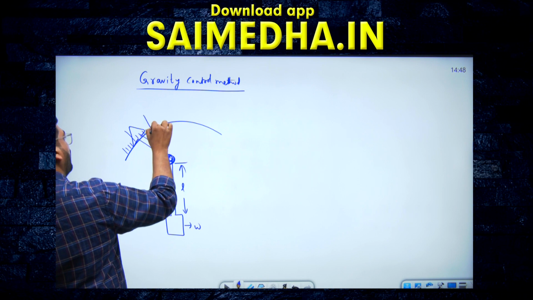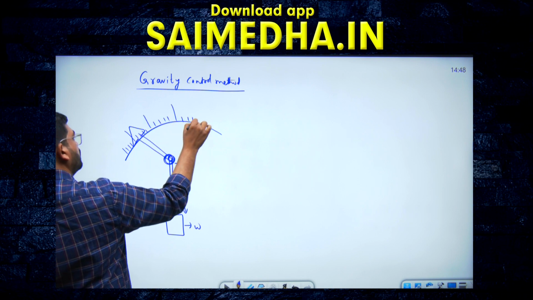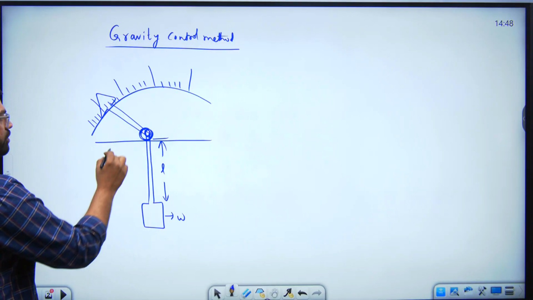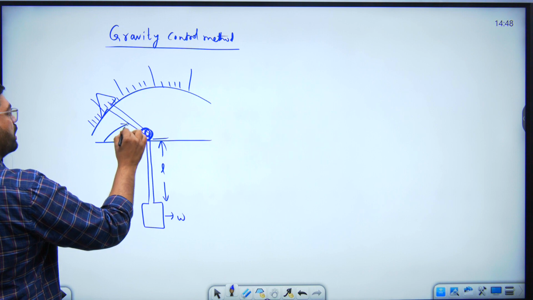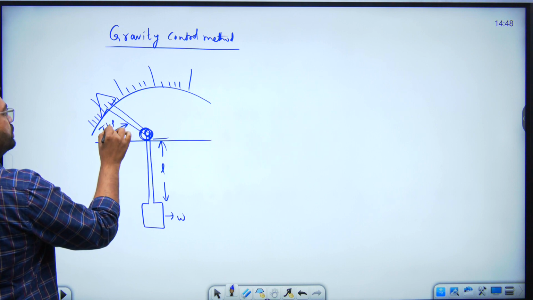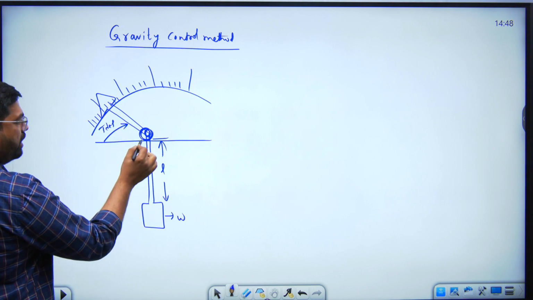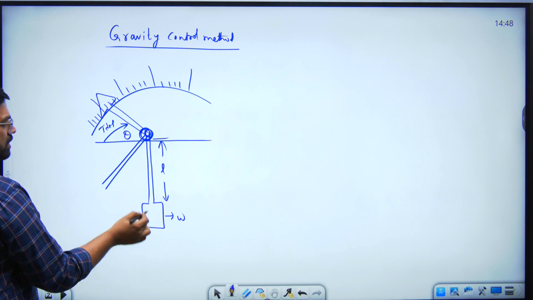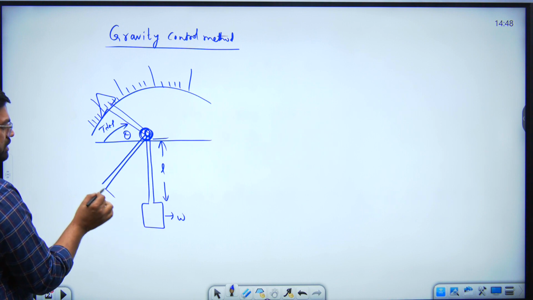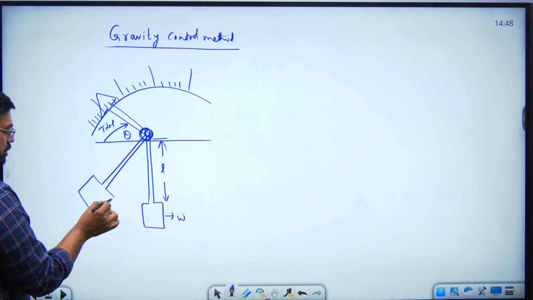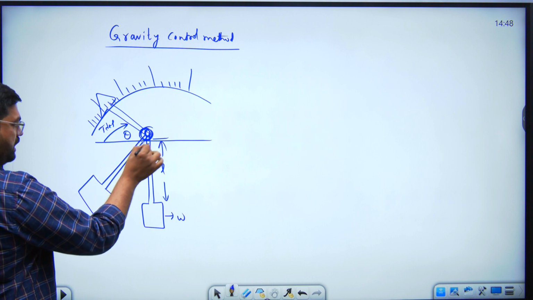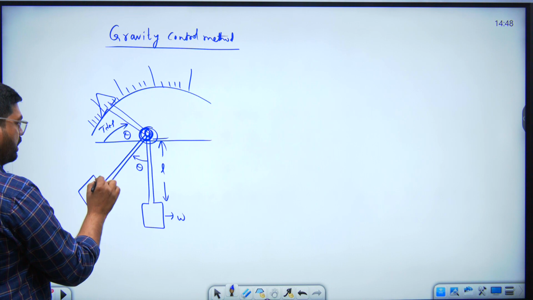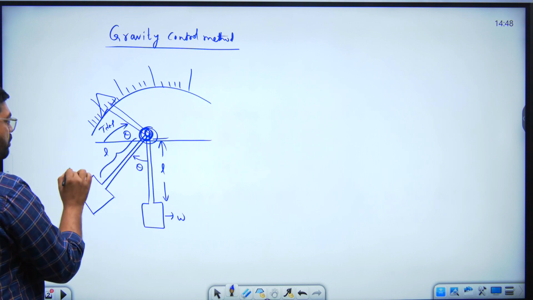So whenever deflecting torque is developed in the instrument, automatically the pointer moves through this amount of deflection. Then this weight is also attached to it, and definitely it also makes movement because it is attached with the pointer. Same amount of deflection will be there, and the length is same, weight is also same.